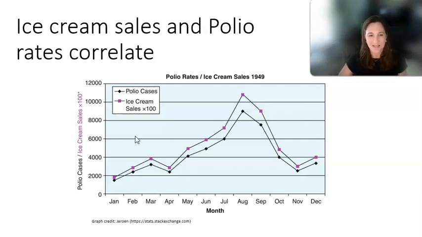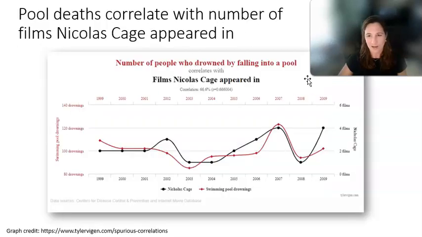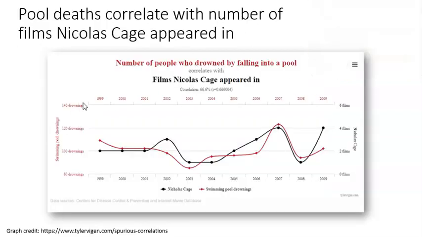Okay, let's look at one more example. So here in this graph, you can see that the number of films that Nicolas Cage appeared in is actually strongly correlated with the number of people who drowned by falling into a pool. So this is a great example of how correlation does not equal causation. There is a relationship between these two variables, right?